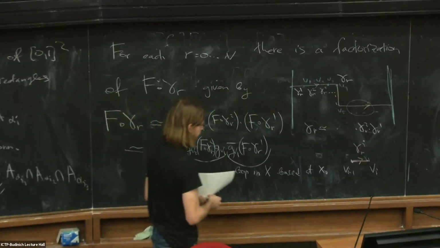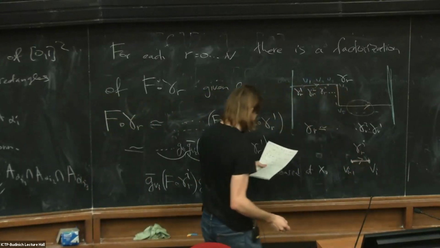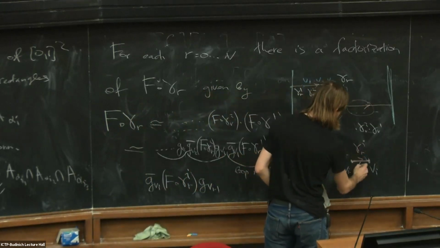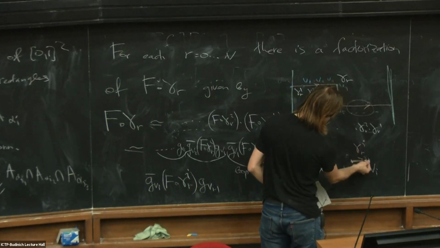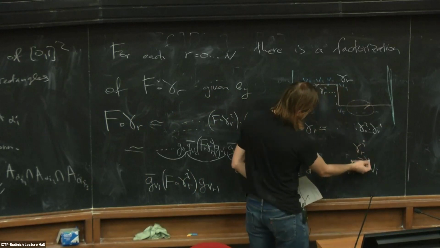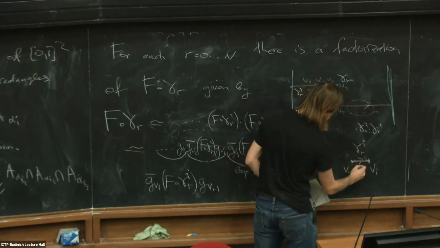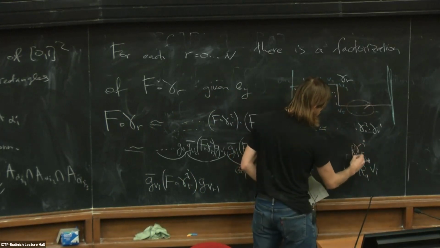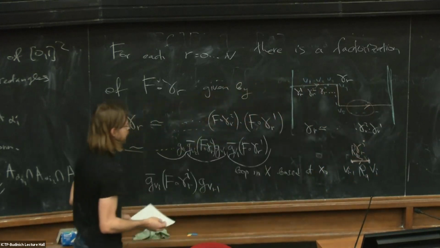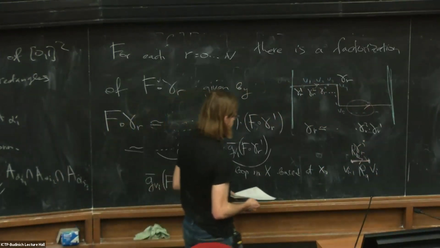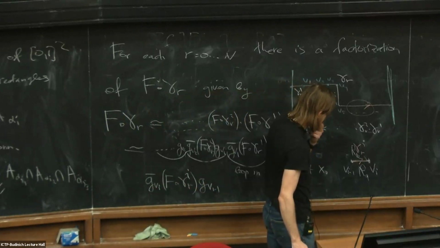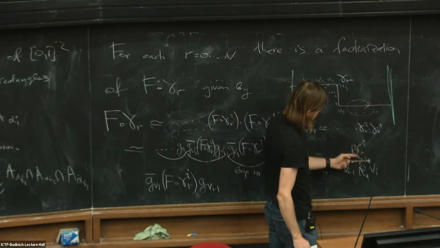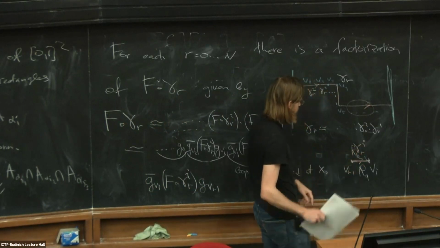And here what happens is that, if you consider this edge in our subdivision, it separates two rectangles, suppose RA and RB. So this edge belongs both to RA and to RB.